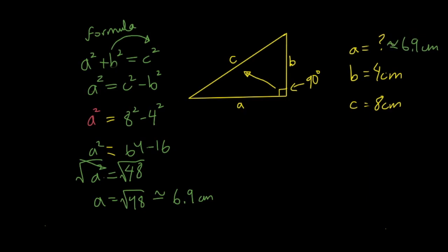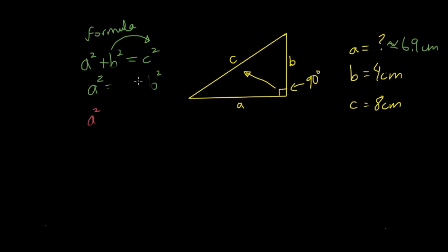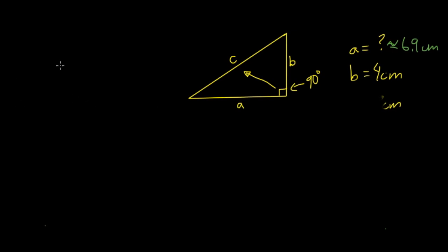All right, let's do some more examples. So what if instead of having a triangle that looked like that, what if we had a triangle that looked like this?